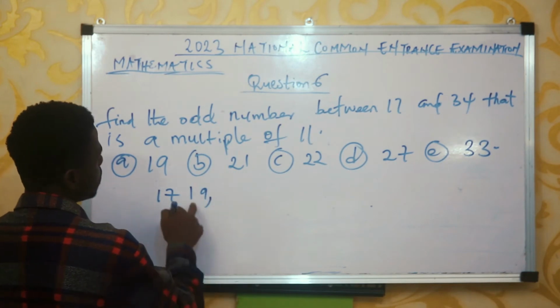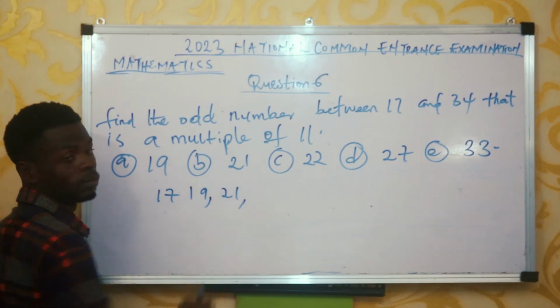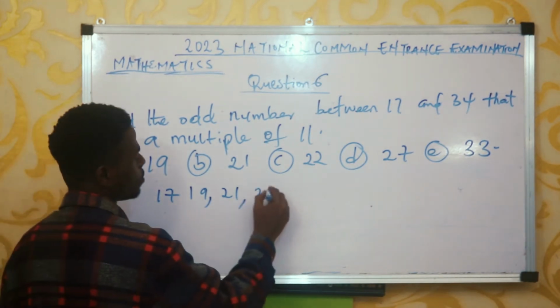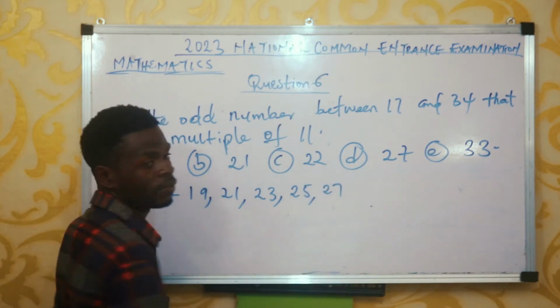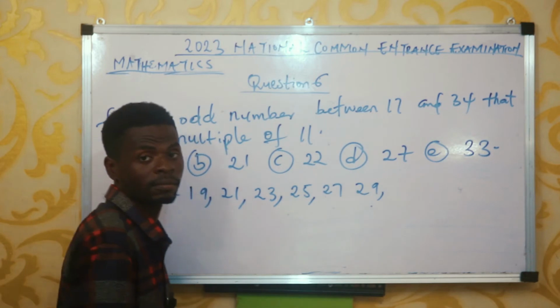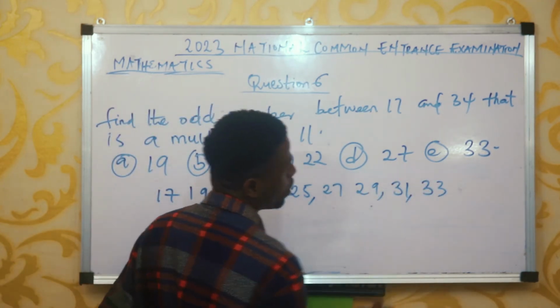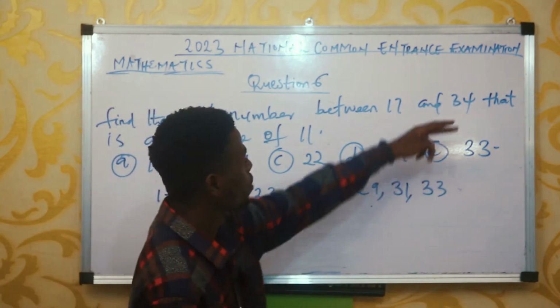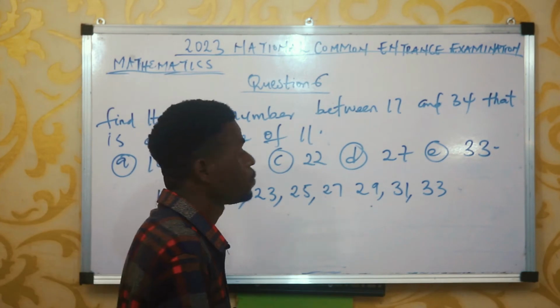The next after 19 is 21, then 23, 25, 27, 29, 31, and 33. We have to stop at 33 because we are talking about the odd numbers between 17 and 34.